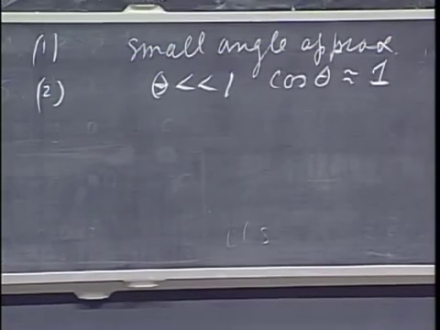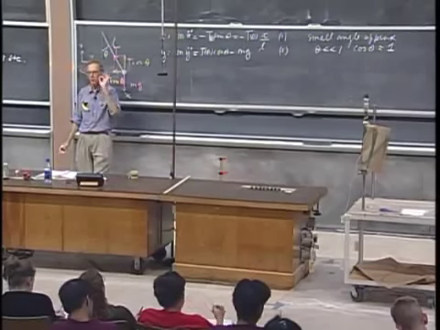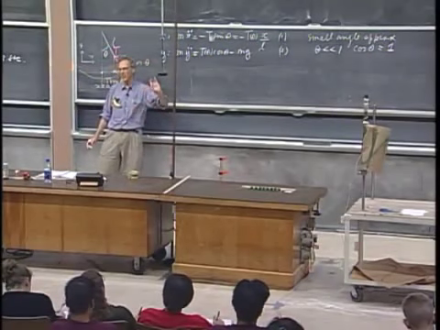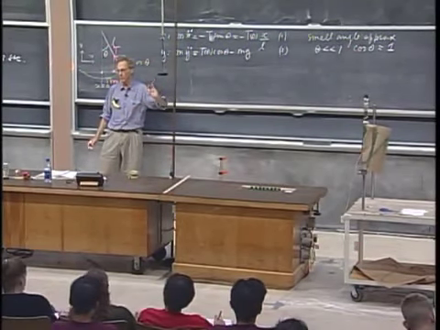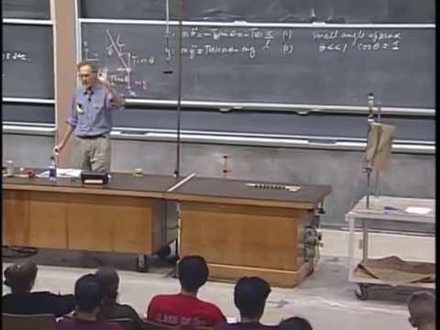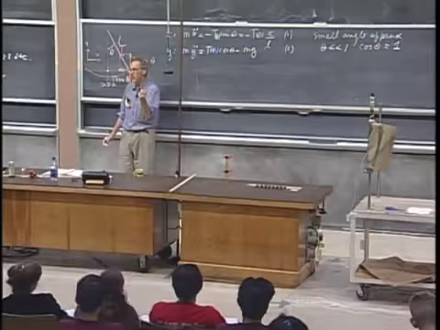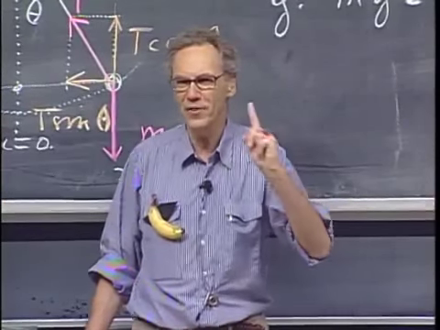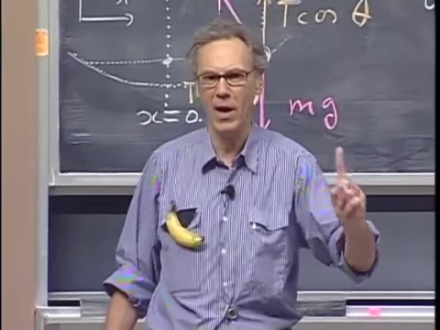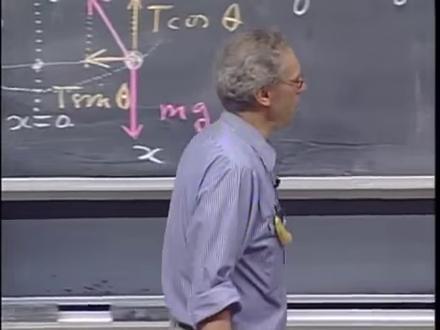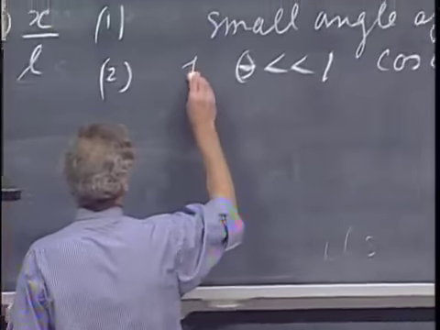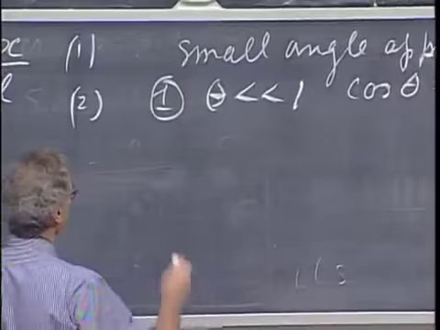Okay, 5 degrees, the cosine is 0.996. That's close to 1. 10 degrees, the cosine is 0.985. That's only 1.5% different from 1. So even at 10 degrees, you're doing extremely well. So this is consequence number 1 of the small angle approximation.